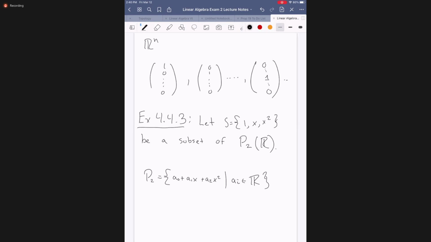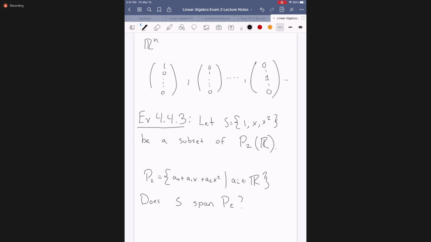So let us see if this thing actually spans. Does S span P2? So what do you guys think?